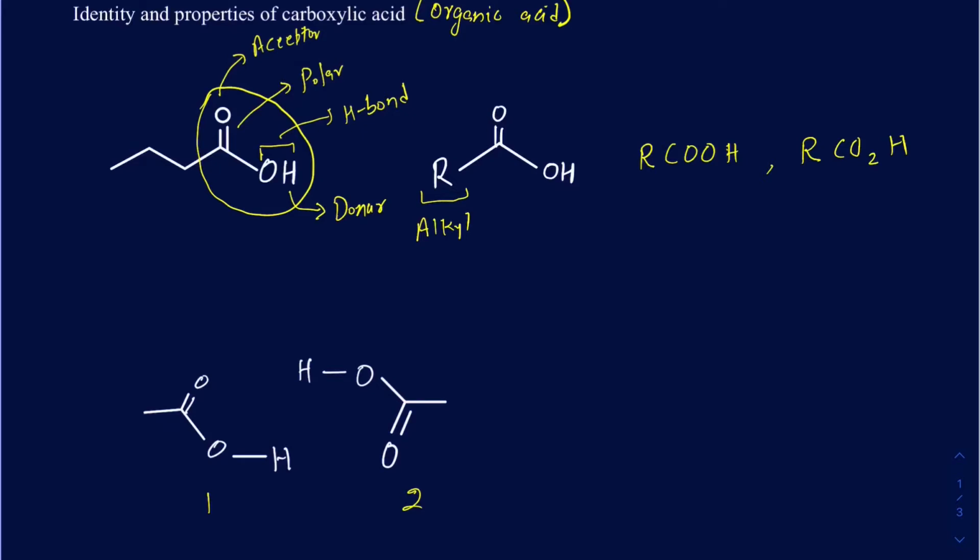I can have a hydrogen bond made here, so that's the donor in this case, and this one would be the acceptor. And you can also make another hydrogen bond on the bottom here. So most of the time these carboxylic acids exist in the form of a dimer.